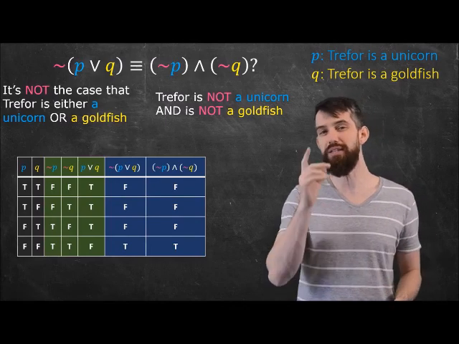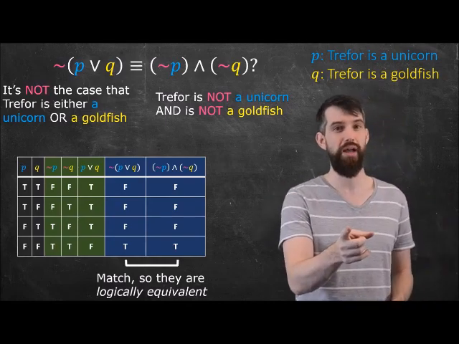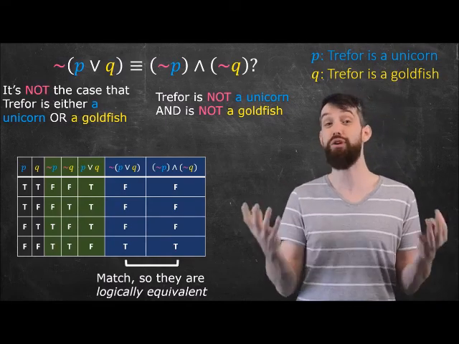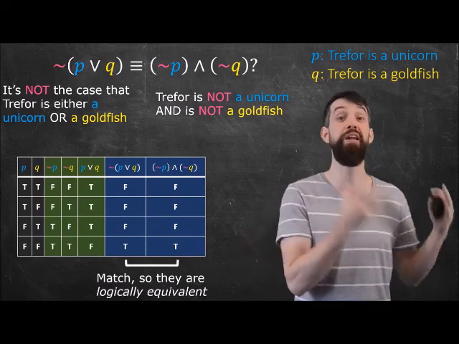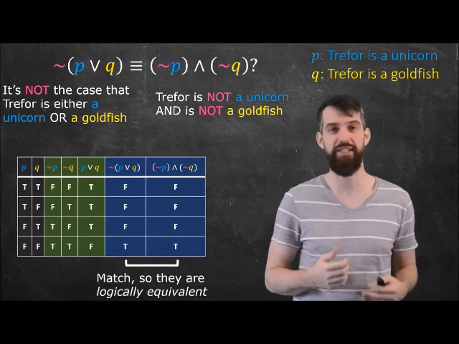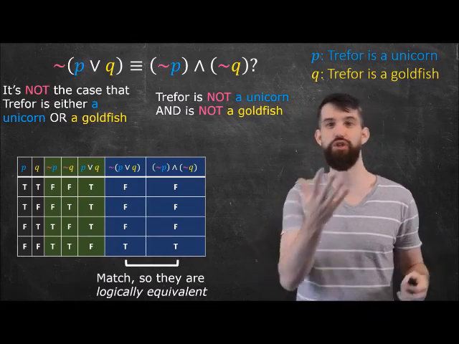And you'll notice that because they match, because it's false, false, false, true, these 2 sides are logically equivalent by definition. So this is the more formal proof of the reasonableness test that our English sentences gave us.